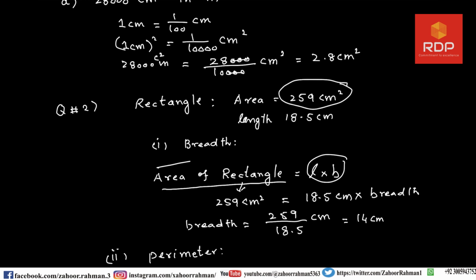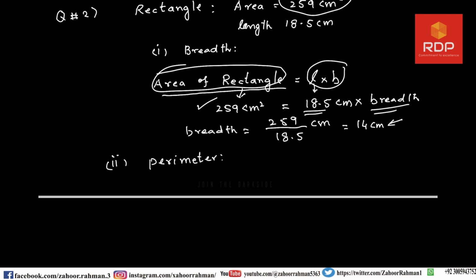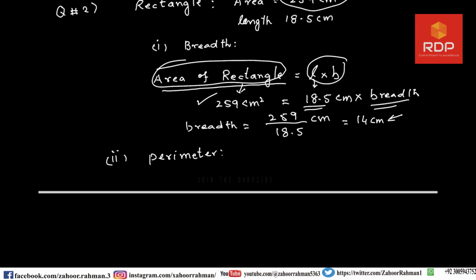So instead of this value we are writing this, and instead of L we are putting the value, and we need to find the breadth, so that is why I am leaving it as it is. From simple calculation, breadth is equal to 259 divided by 18.5 centimeter, and that will be equal to 14 centimeter. Now let us find the perimeter of the rectangle.